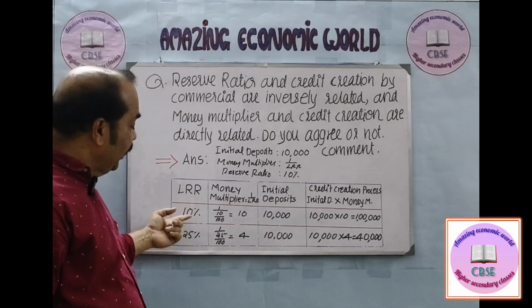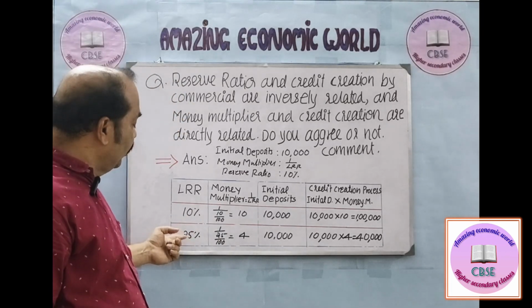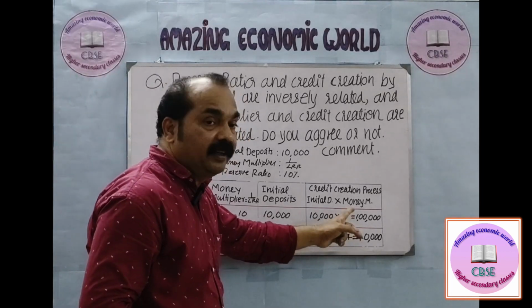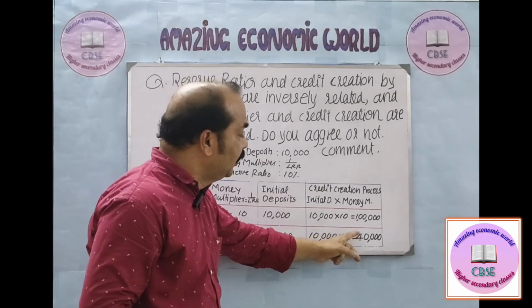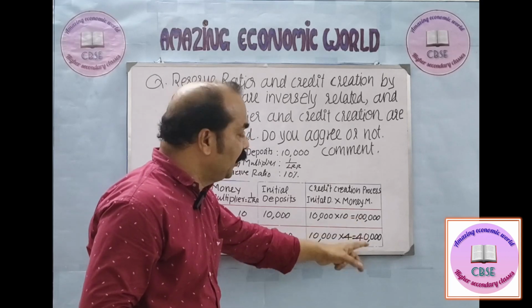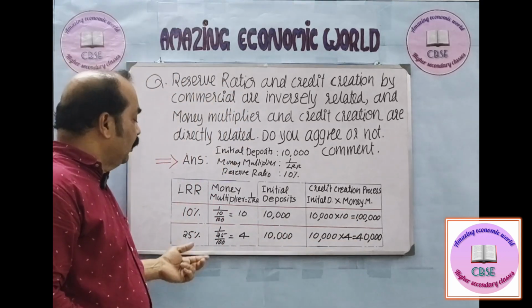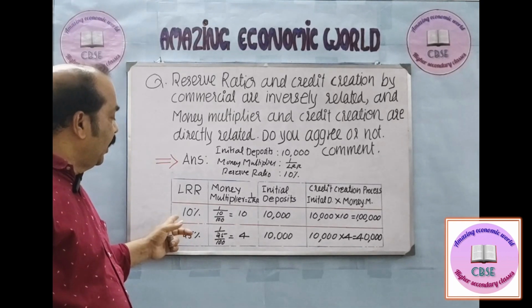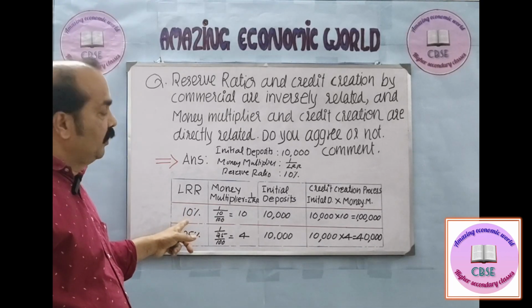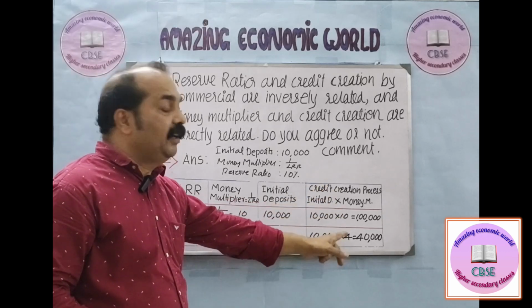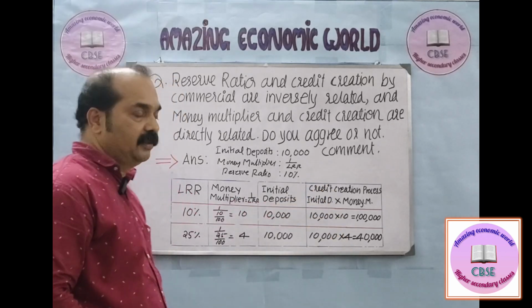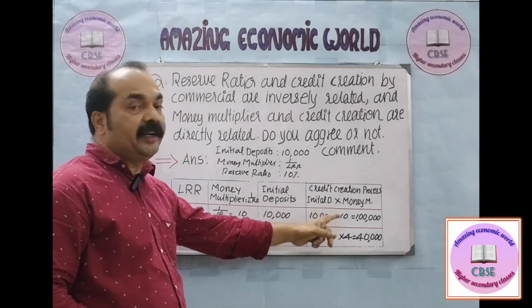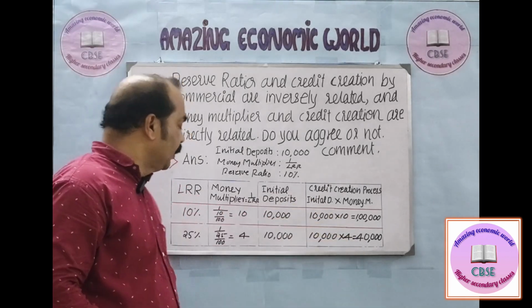And when the ratio is raised to 25 percent, the credit creation by commercial banks reduced from 1 lakh to 40,000. From this, what we will understand? Higher the reserve ratio, lower will be the credit creation by commercial banks.